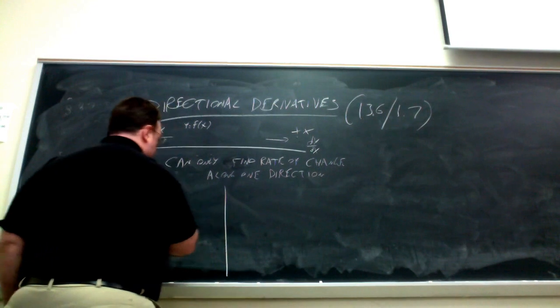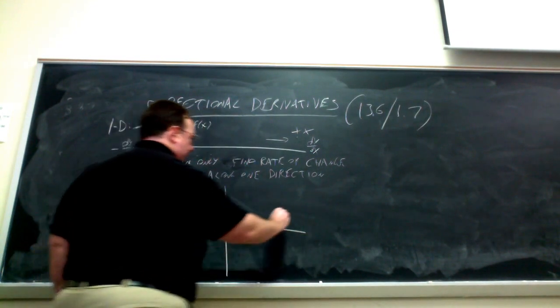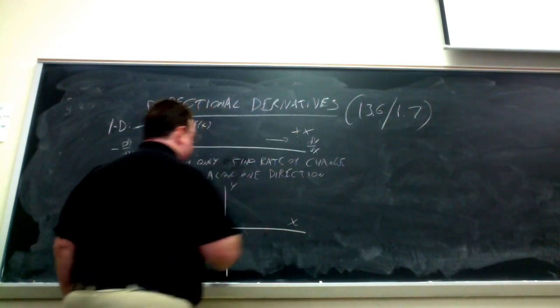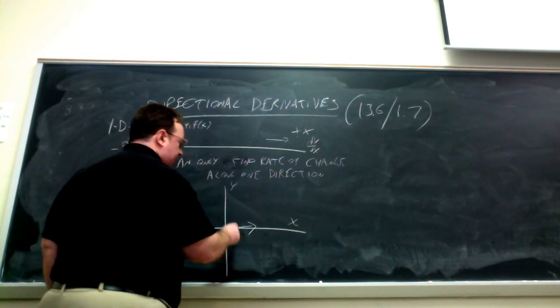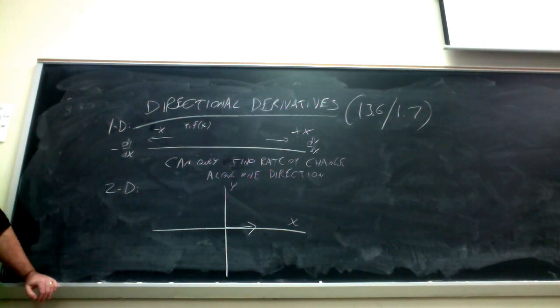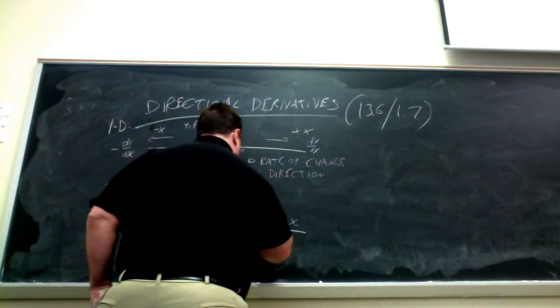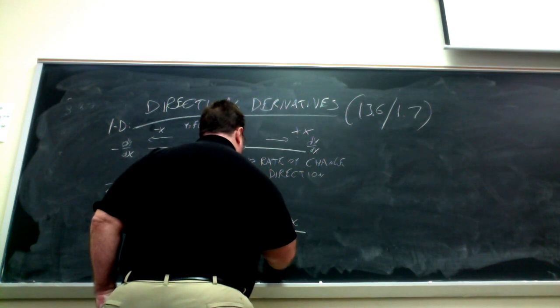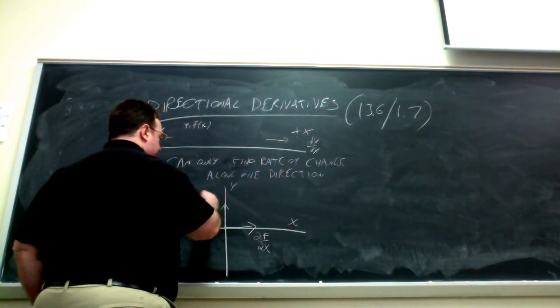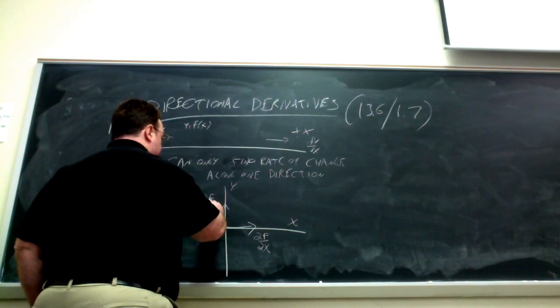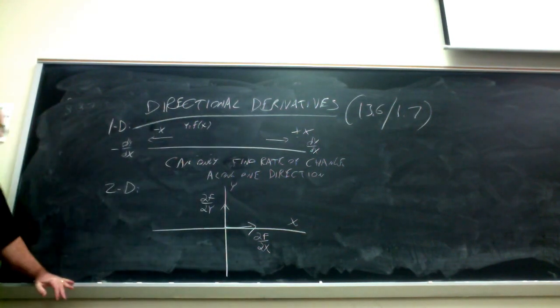So just only one step up. Now, you know how to find the rate of change of a function of x, y with respect to x. That's the partial derivative with respect to x. And you know how to find a rate of change as y increases, so partial of f with respect to y.